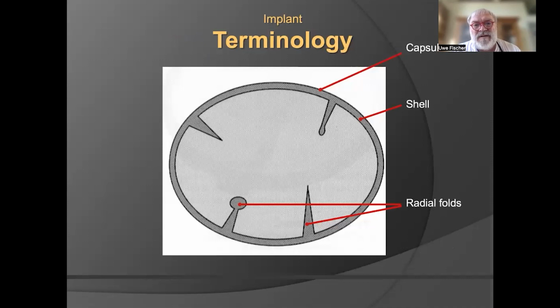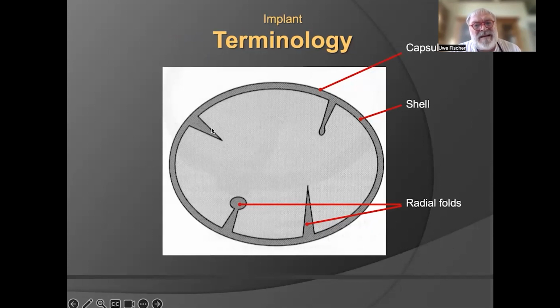So we talk about the shell. This is made in the factory. This is made of silicon, and after the placement, after the implantation, more and more you will find these folds, and they are, let me say, angulated.